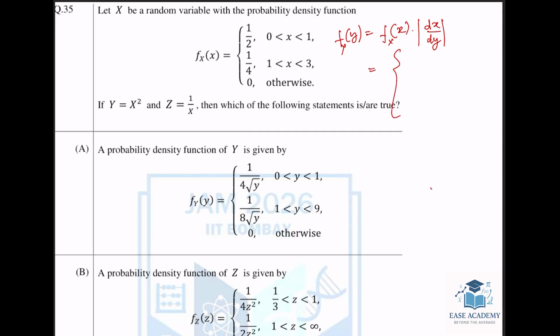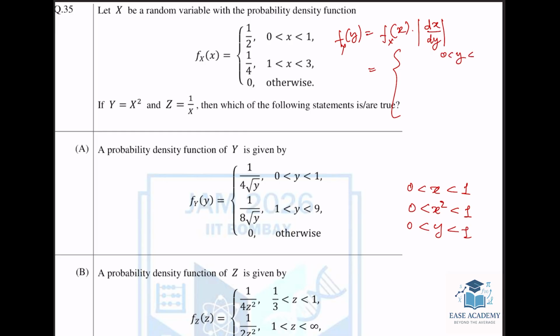If X is from 0 to 1, then Y will be X square. We can easily take the square on both sides since X is taking positive values only. That is from 0 to 1, Y will also be from 0 to 1.